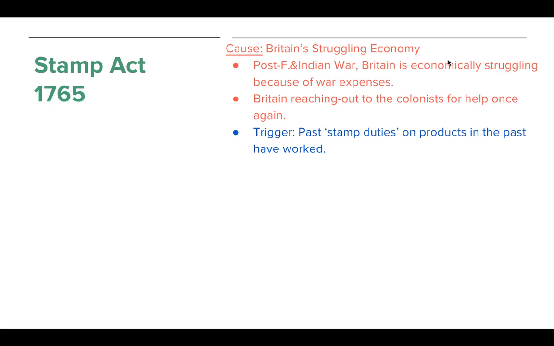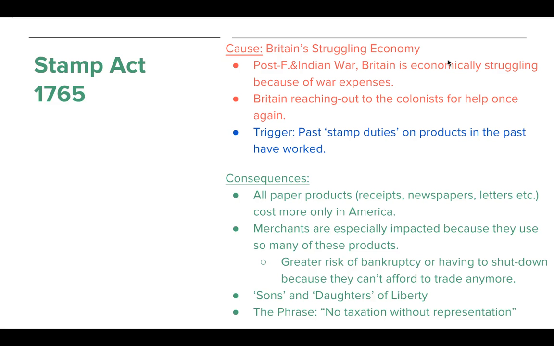That will help us gain more and more revenue from the Americans, because what it ultimately does is tax every paper product that the Americans use. Receipts, newspapers, letters, anything that uses paper has to be stamped by an official seal of the British Empire. And that official seal costs money, therefore every paper product becomes more expensive for the Americans.